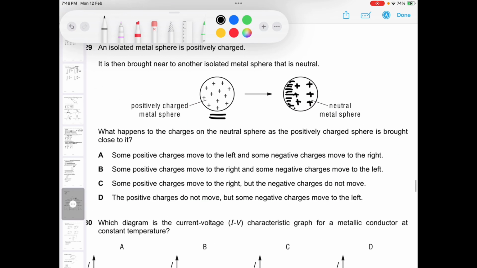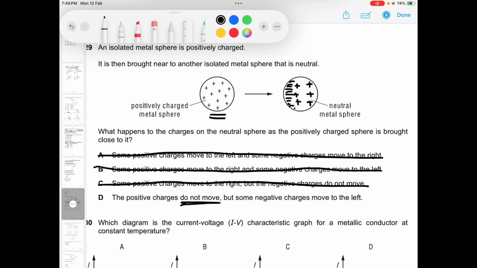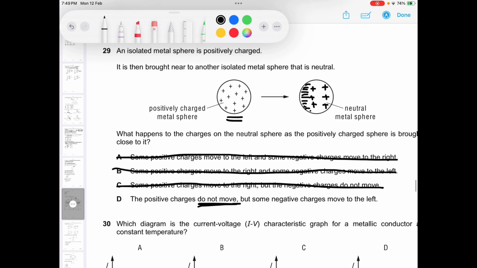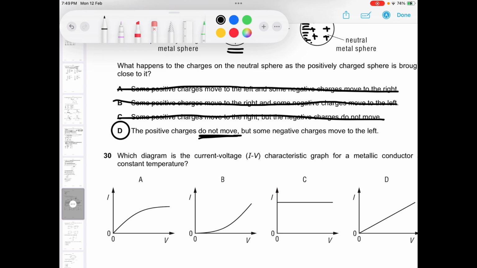Some positive charges move, no. The positive charges do not move. Some negative charges move to the left, and this one is correct. 29. The answer is D.